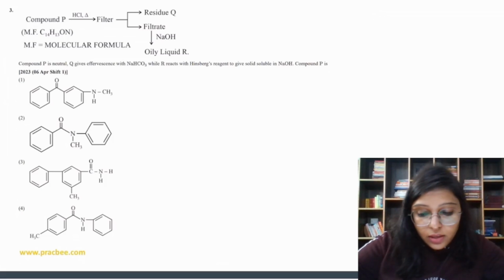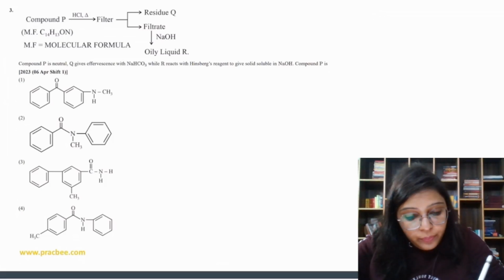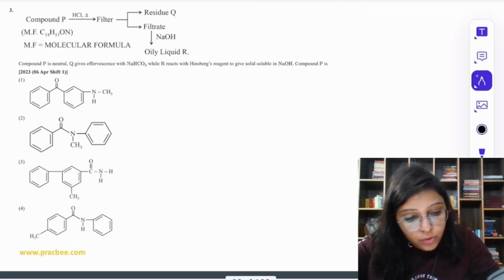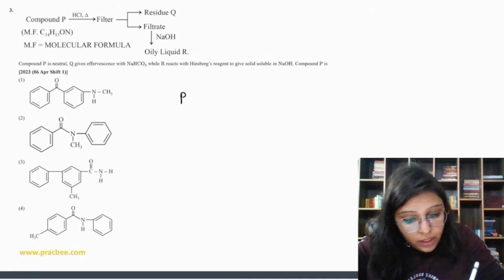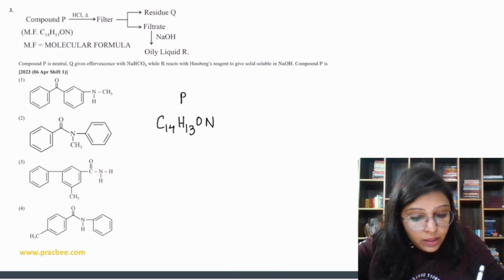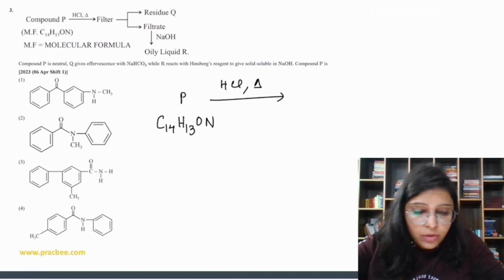Question 1 says we have compound P. P has a certain molecular formula, that is C14H13O and nitrogen. That is the molecular formula of P. Then P on reaction with HCl and heat gives some product.